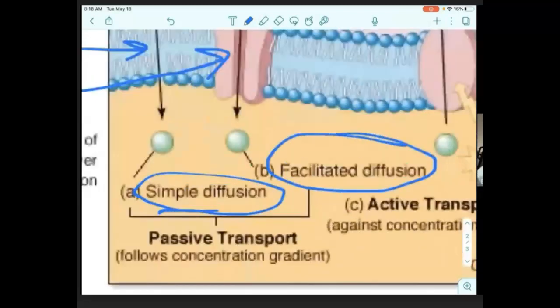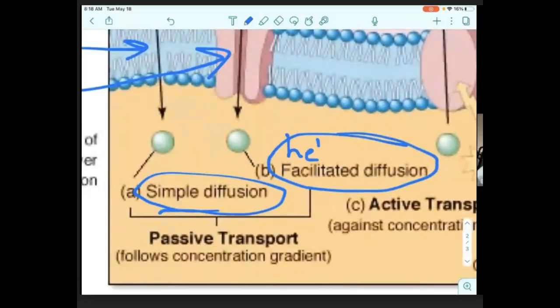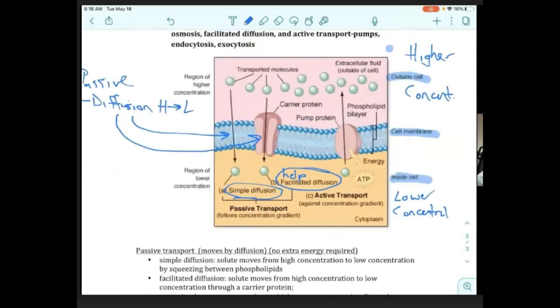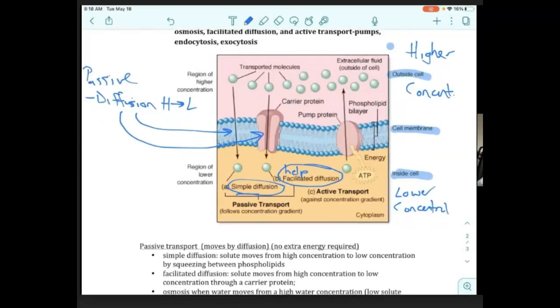Remember, to facilitate is to help. So this is diffusion with the help of a gate, right? Maybe this is like a golden retriever, right? The picket fence is going to keep the golden retriever in, right? But if you let them out the gate, then they can get out of the yard, right? And so that gate protein is like the gate, allowing molecules across. Again, it's still high to low, right?